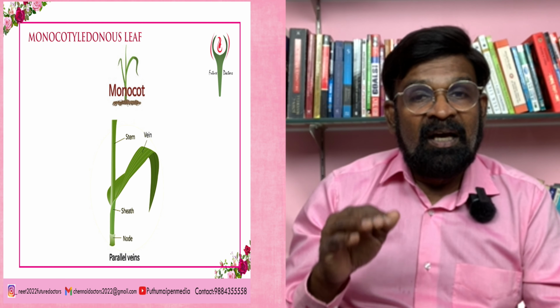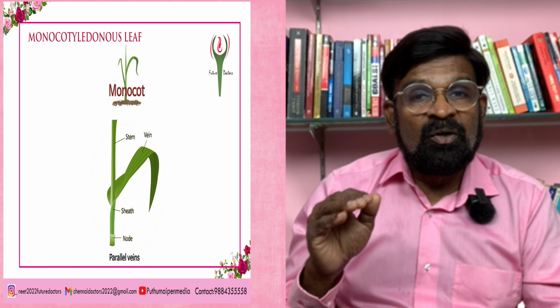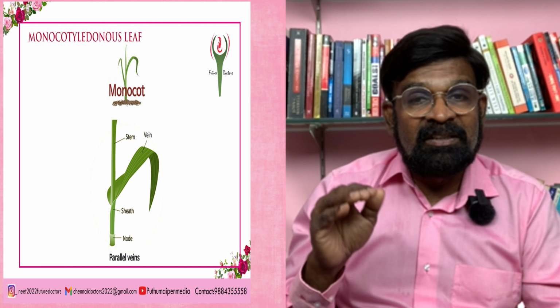Midrib. It is the widest part of monocot leaves. A shallow groove is present on the upper or adaxial surface, while a broad ridge is present on the abaxial surface.